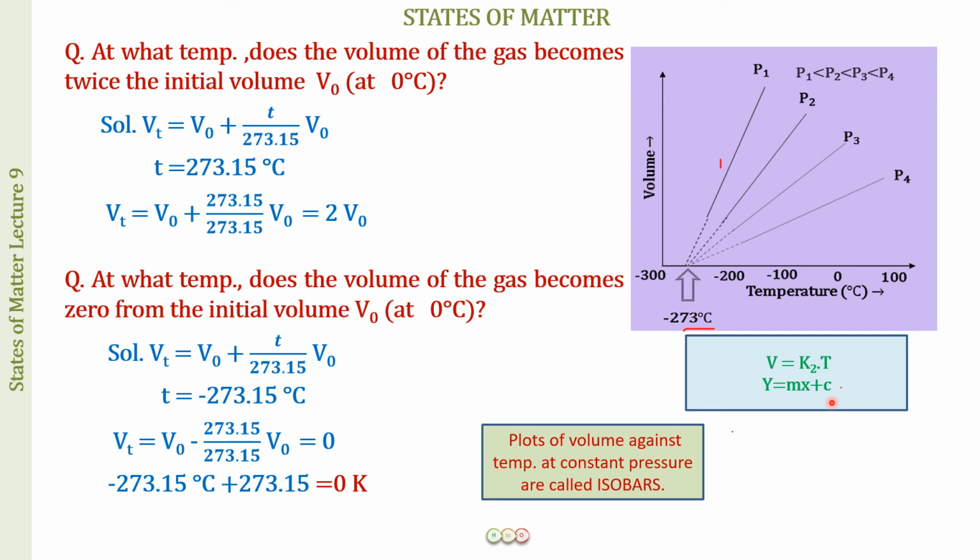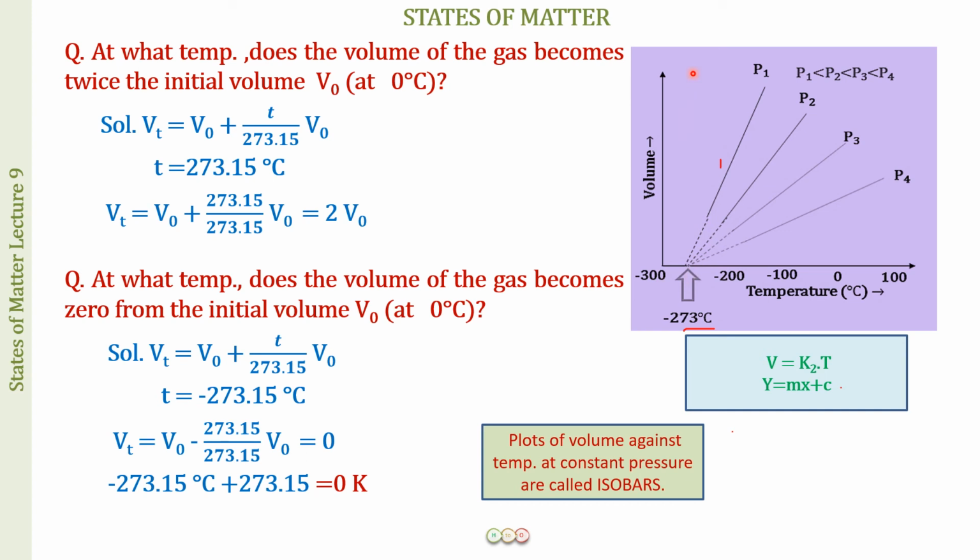So this means that every graph over here is going to start from 0 Kelvin. So when we draw a graph of volume versus temperature, with the temperature taken on the Kelvin scale, we will be starting from this point, right? My line on the volume would have started from this line, and at that point c is 0. So this means that the line is passing through the origin.